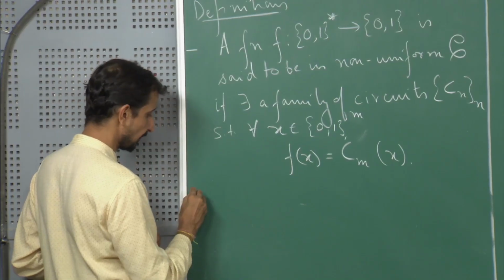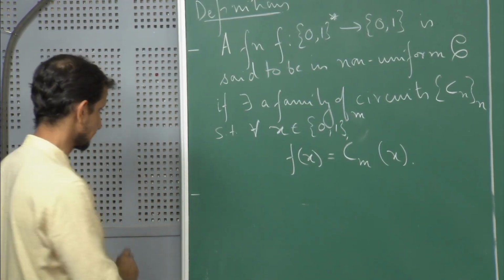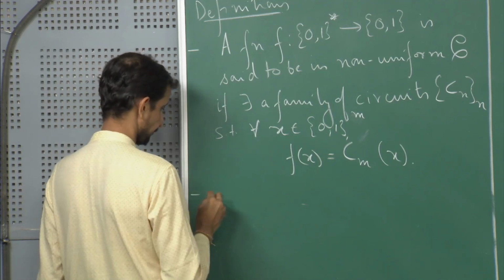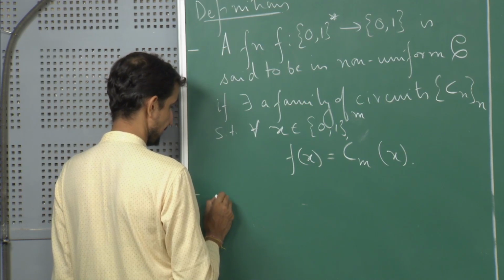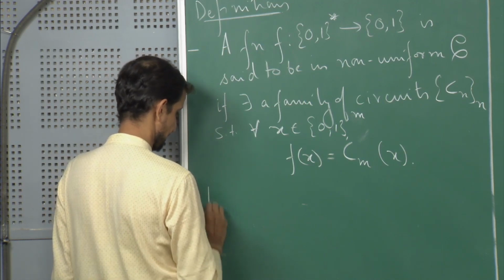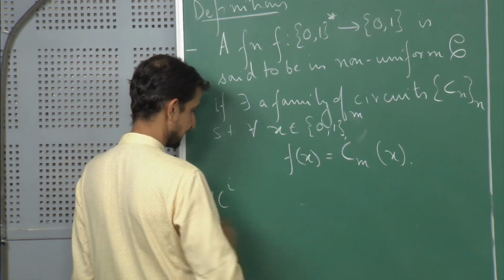Now, moving on to some circuit classes. First let us say NC^i.